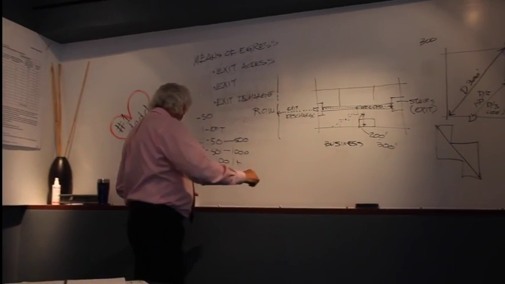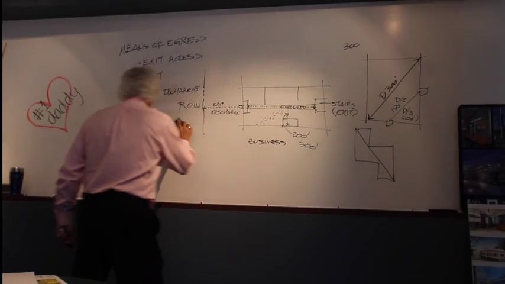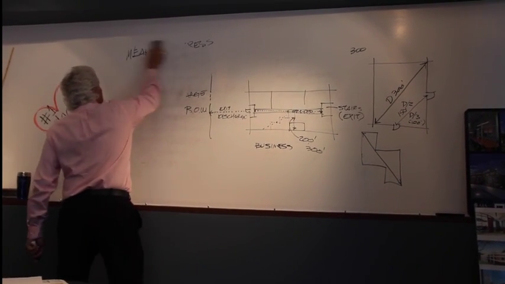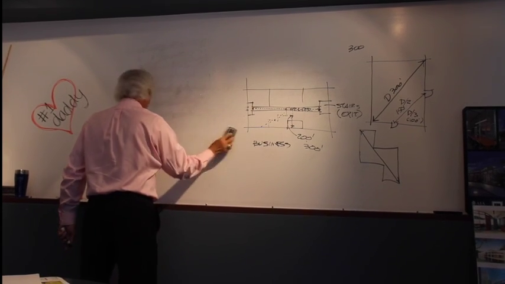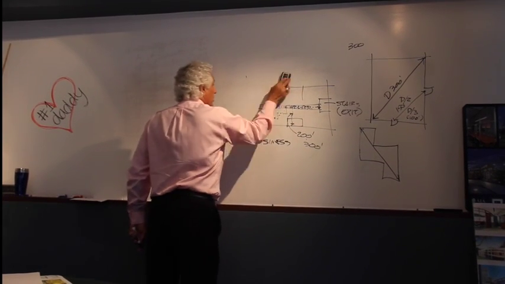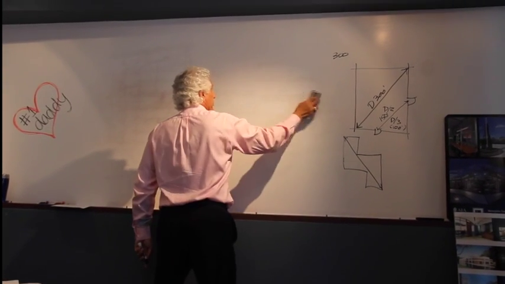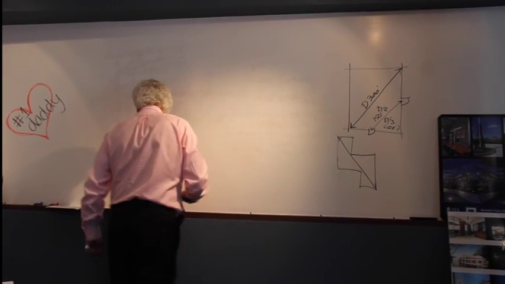The code also addresses, we talked a little bit about the Americans with Disabilities Act and Barrier-Free Design. One of the key components of that are doors. And sometimes people mess up on doors. So let's understand what the code says about doors.